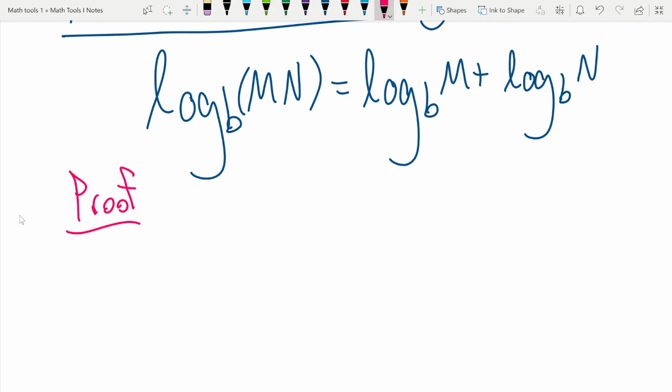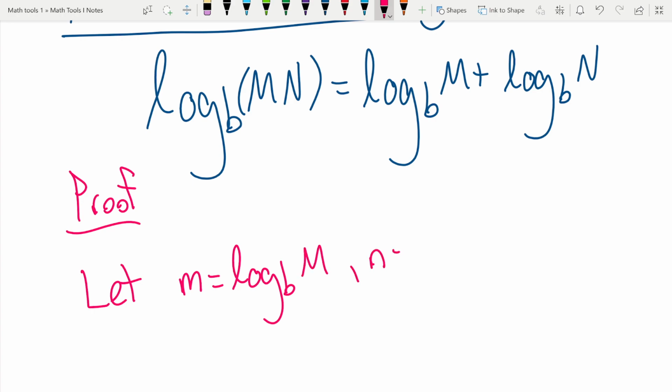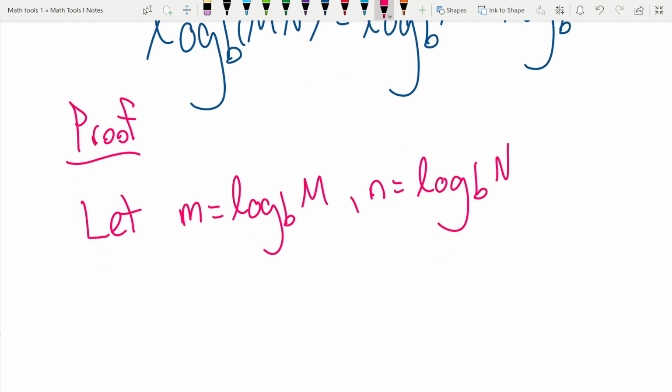So let m equal log base b of m, and n equal log base b of n. These are terms on the right hand side of the equation. Then this of course is going to imply that b to the m equals m and b to the n equals n.